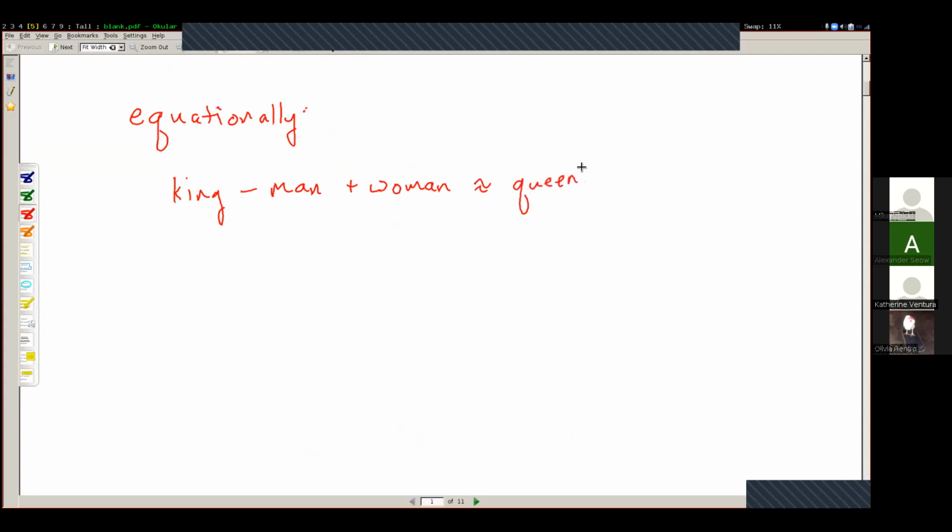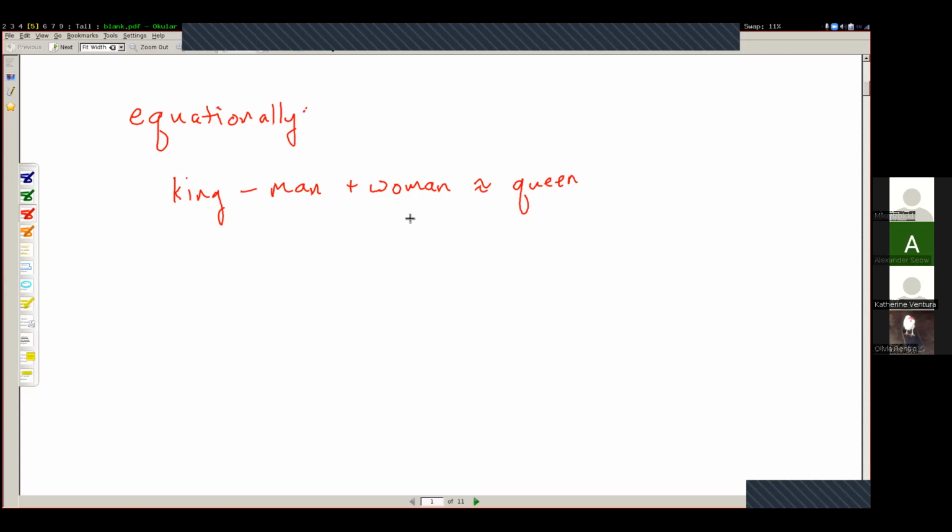It's not going to be exactly equal, but basically. And if you think about it, you're probably more used to adding numbers than adding words. But if you have this abstract idea of king, take away the maleness of that king and somehow add femaleness to it, then you're going to get queen out as a result.